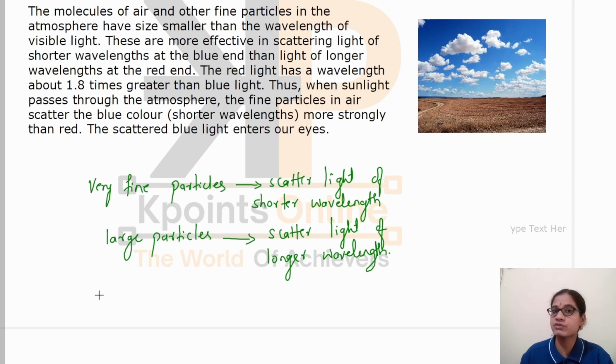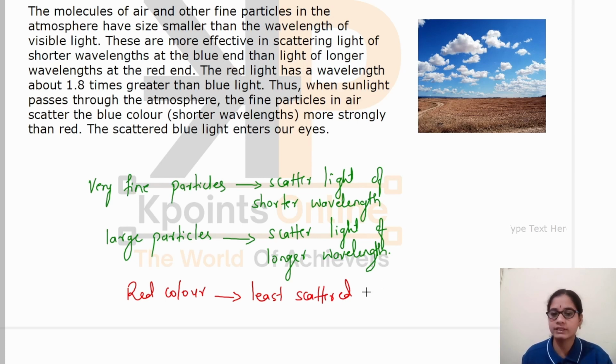One more application of scattering of light is that danger signals are given the red color. Why? Because we know that red color is least scattered, and it can be seen in that color only even if you watch it from a distance. Red color is least scattered because it has a longer wavelength.